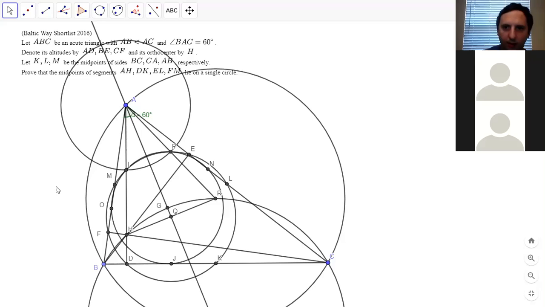AH is equal to AR because of the 60-degree angle. Okay, so I'm guessing that's a well-known fact. Why is that easy to see? I guess AH is twice RK.